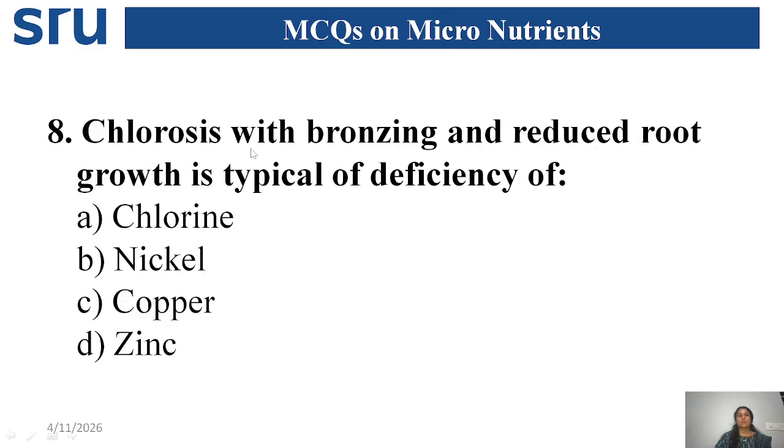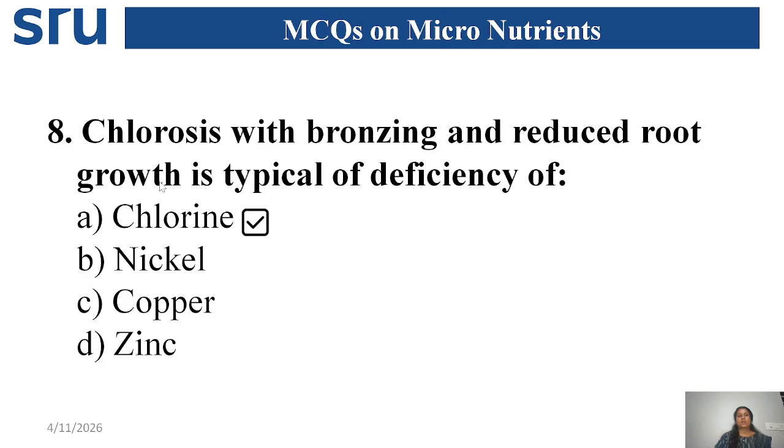Next one is chlorosis with bronzing and reduced root growth, the typical deficiency symptom of chlorine. Chlorosis is of course a deficiency symptom of most nutrients, like nitrogen. Zinc also somewhat causes chlorosis, but the major zinc deficiency is little leaf or rosette of the plant, and for copper it is dieback, for nickel necrosis.